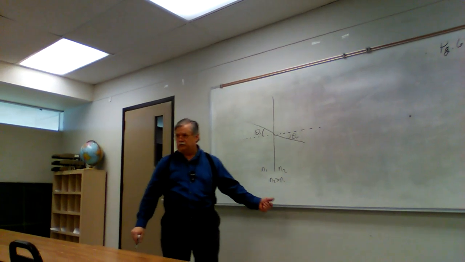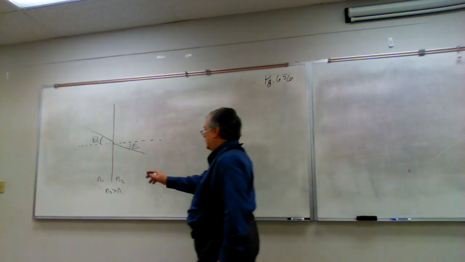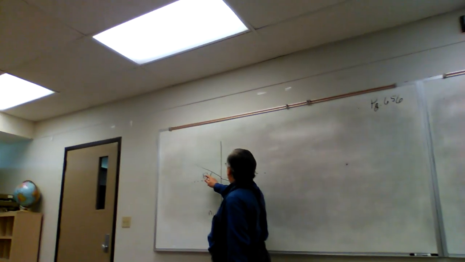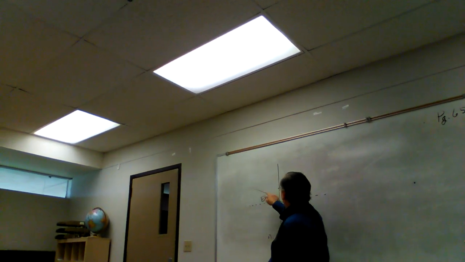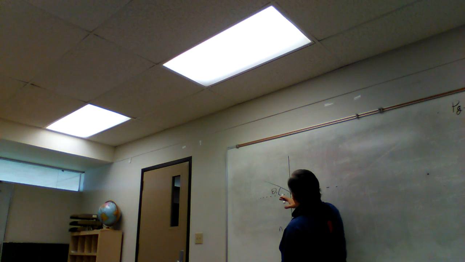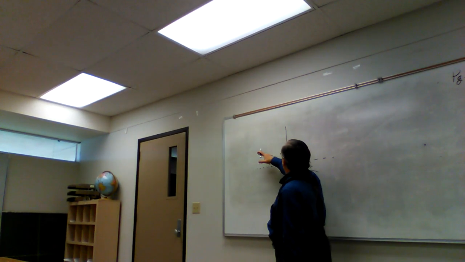And as long as N sub 2 is greater than N sub 1, then the light coming from here is going to be bent towards the horizontal. Okay?